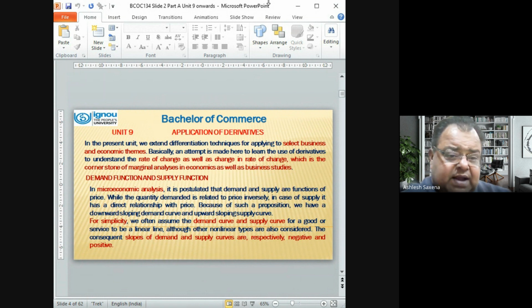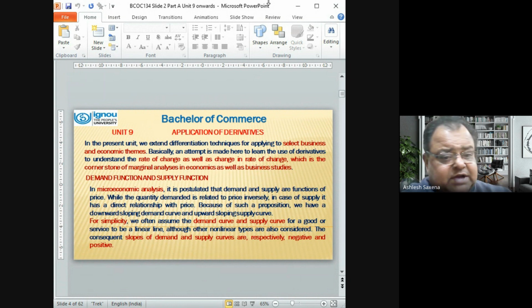Demand function and supply function. In microeconomics analysis, it is postulated that demand and supply are functions of price, while the quantity demanded is related to price inversely. In case of supply, it has a direct relationship with price.